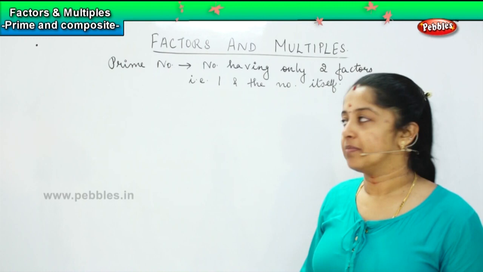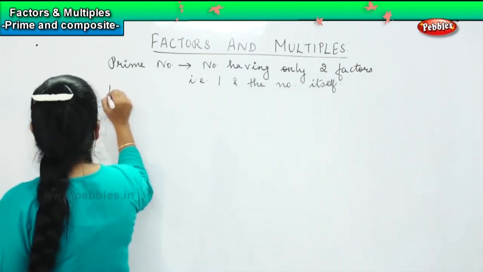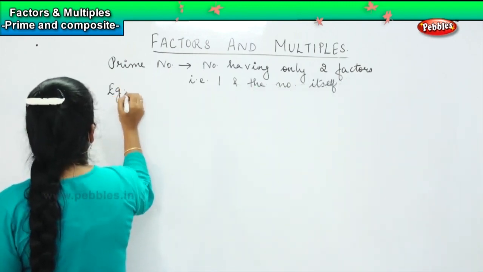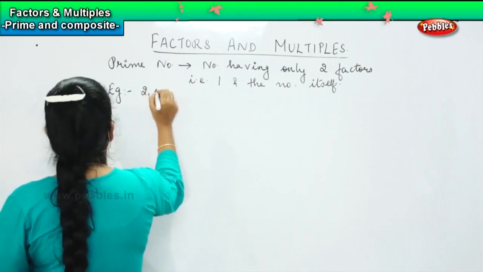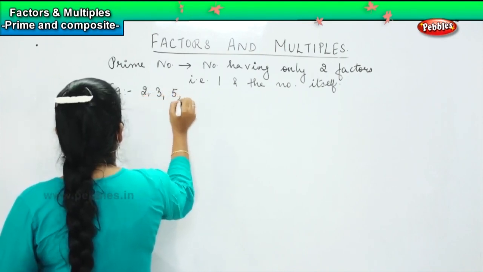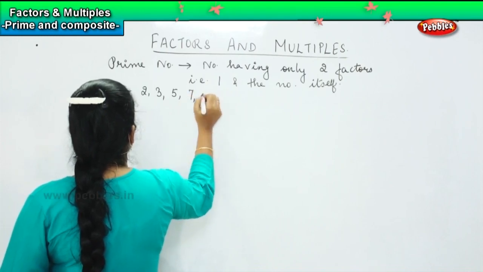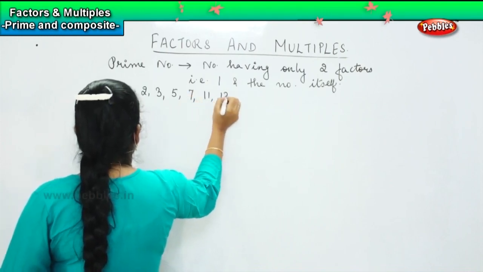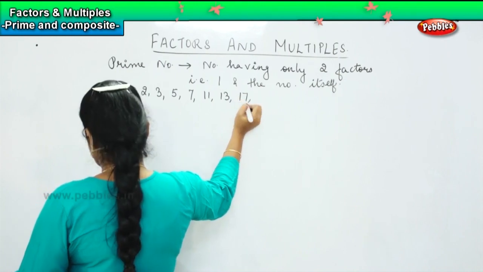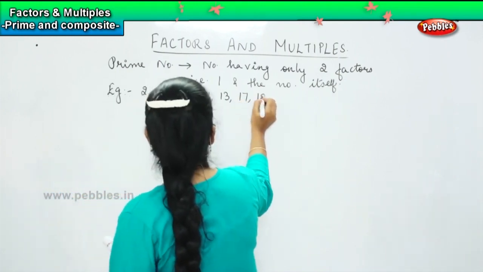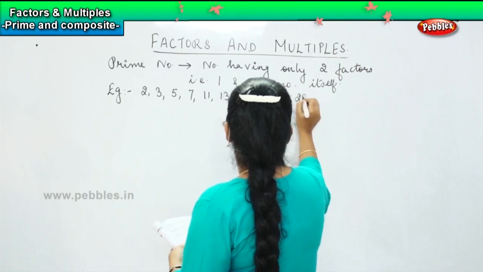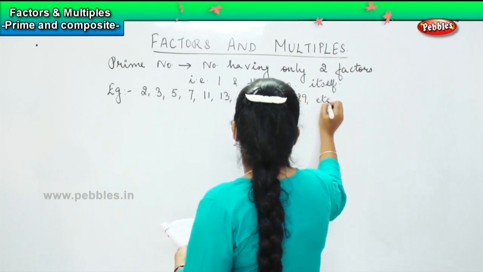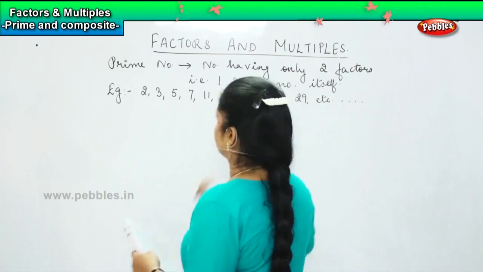my prime numbers. For example, can we find out how many prime numbers are there? The prime numbers are 2, 3, 5, 7, 11, 13, 17, 19, 23, 29, etc. So the list goes on.